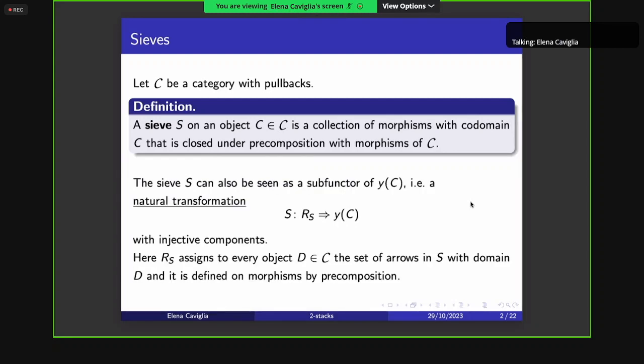In fact, the sieve can be seen as a subfunctor of End C. And so it is a natural transformation from a functor that I call RS, that assigns to every object of C the set of arrows in the sieve with domain that object, to End of C.